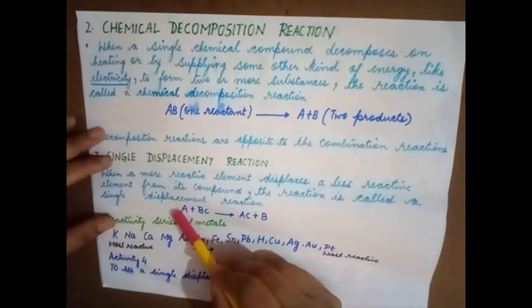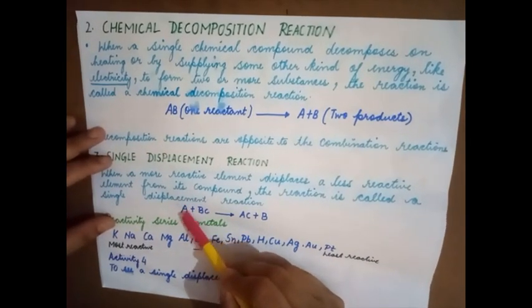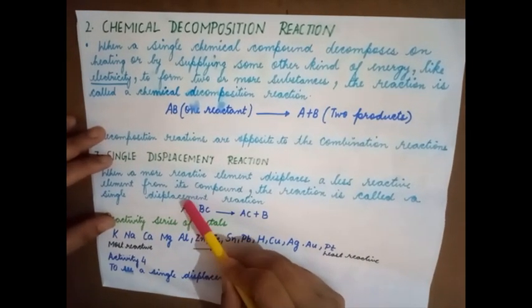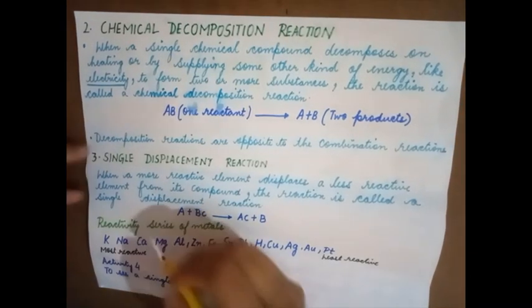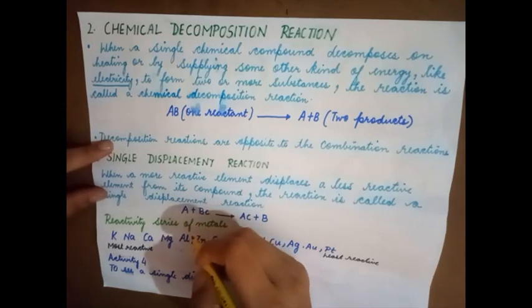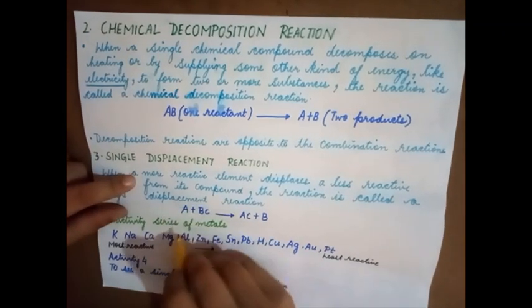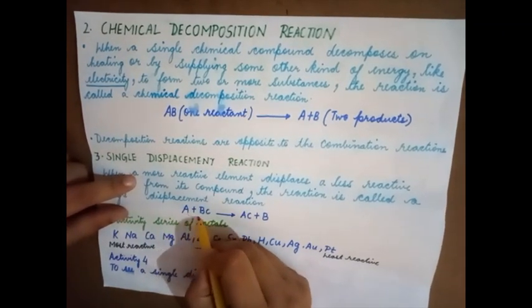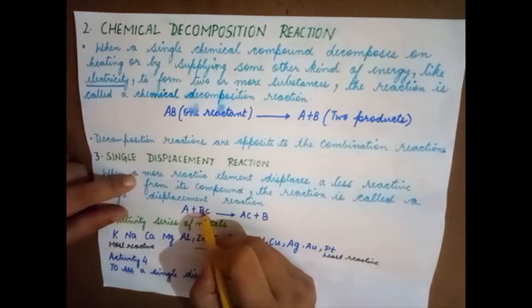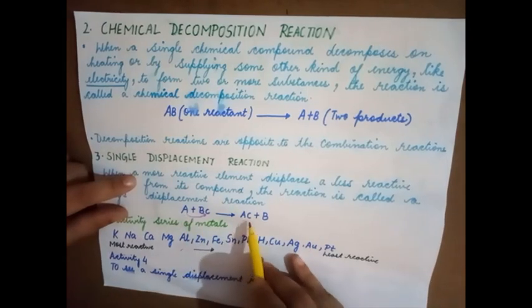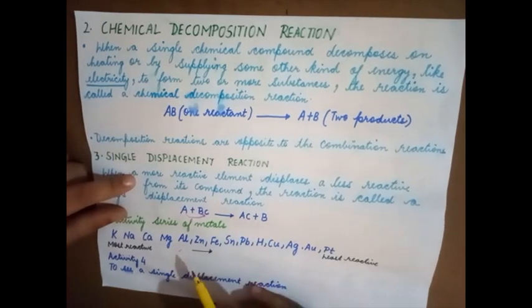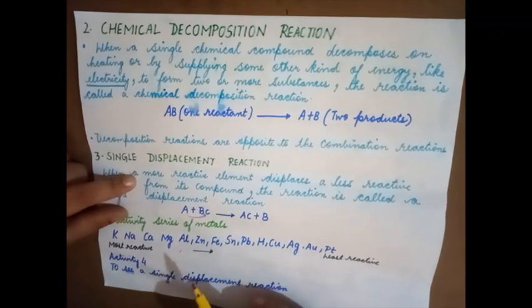Now, more reactive element. So over here, A is highly reactive and it is displacing the less reactive element from its compound. So what is happening? A is combining with C, whereas B is less reactive and it is getting displaced. Can you see this? AC is being formed, whereas B is being displaced because B is less reactive.